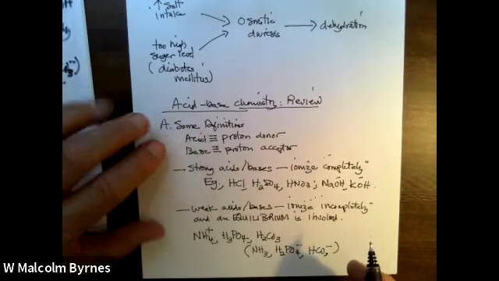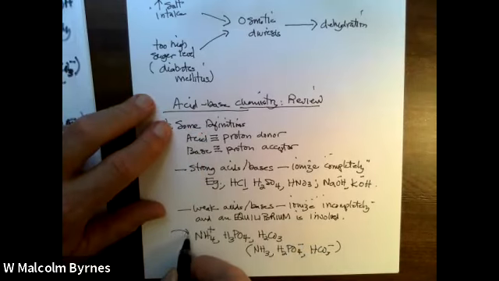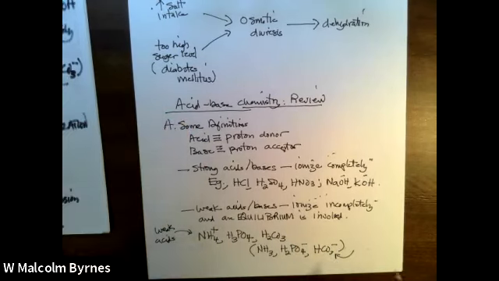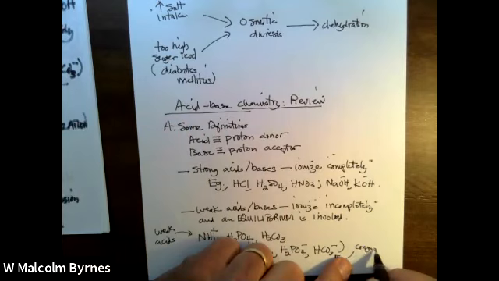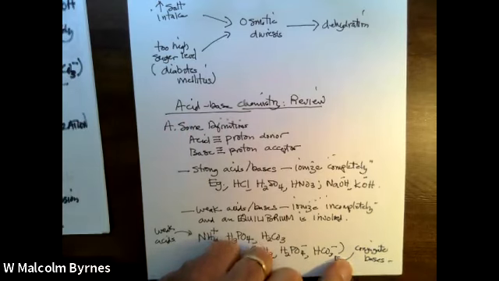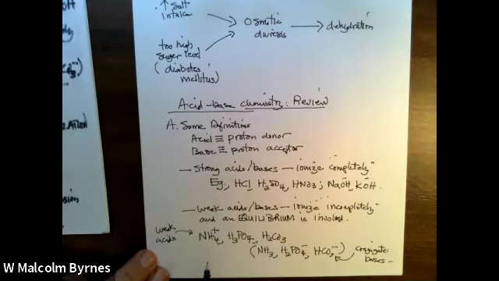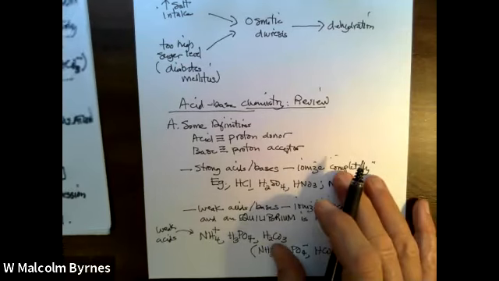These are all bases, right? So here we have weak acids listed here, and their conjugate bases, which are weak bases. And so we can talk about what are known as conjugate acid-base pairs. So ammonia, ammonium, dihydrogen phosphate ion, phosphoric acid, bicarbonate, carbonic acid. Those are conjugate acid-base pairs.